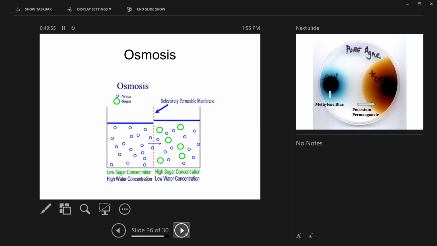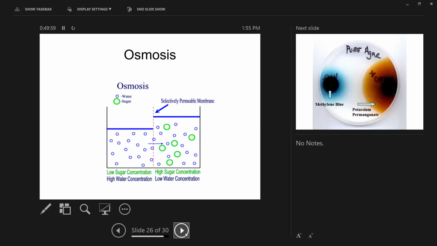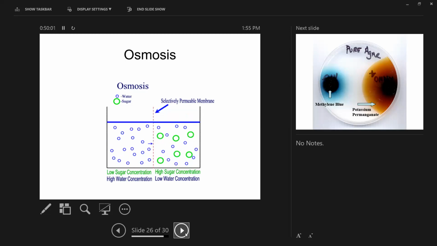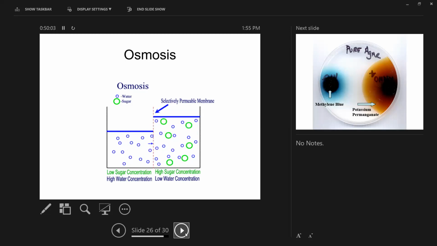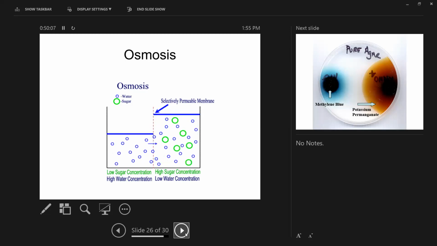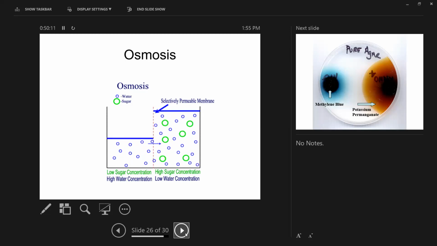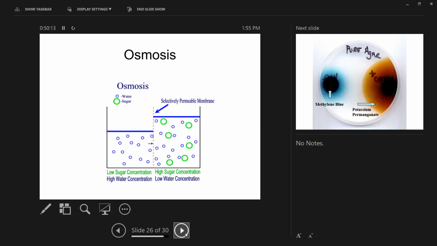We're dealing with sugar water here. The membrane will not restrict water, but it will restrict sugar. This is not unlike things we've done in the lab. There are all sorts of membranes that do this for you.